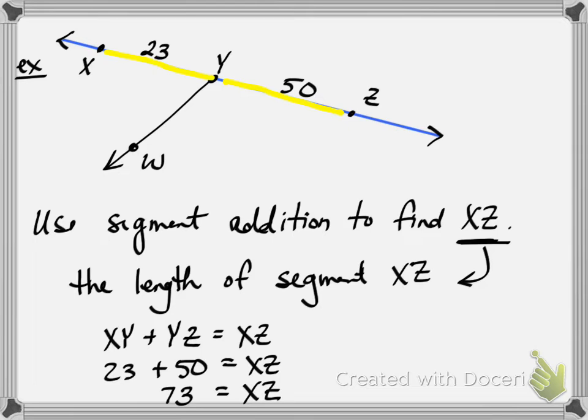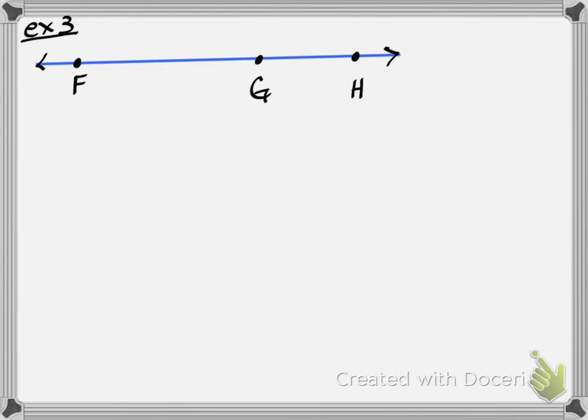Okay. Let's see. Next example. We have a line with points F, G, and H on it. Please persevere and stay with me through these examples. It is, like I said, a really important topic, and you're going to see it all throughout the year.